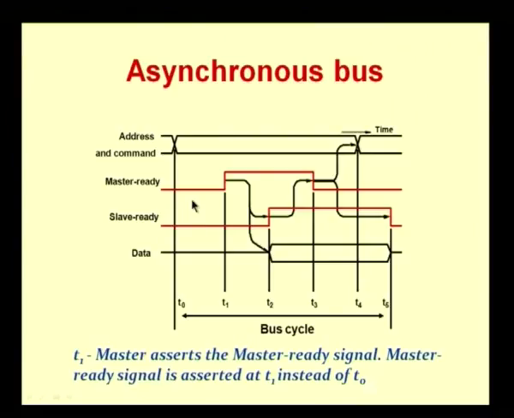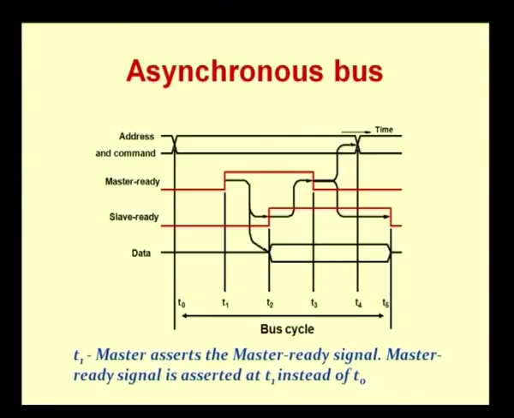You can see that the master ready signal is asserted at t1, not at t0. This is because once the address and command are placed, it takes some time for that to stabilize. Once it stabilizes, the master asserts the master ready signal. Now, this master ready signal is what all the slaves will be looking for.